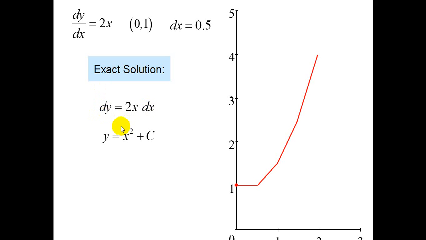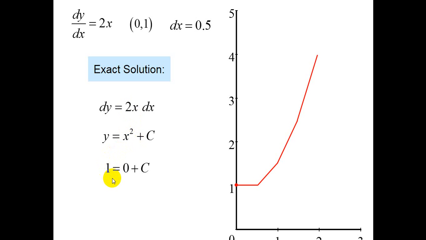After that, we take the integral on both sides. From dy, the antiderivative is y. From 2x, the antiderivative is x squared, plus c, where c is the arbitrary constant. We can simplify the 2 in the coefficient with the denominator, and finally we get x squared.